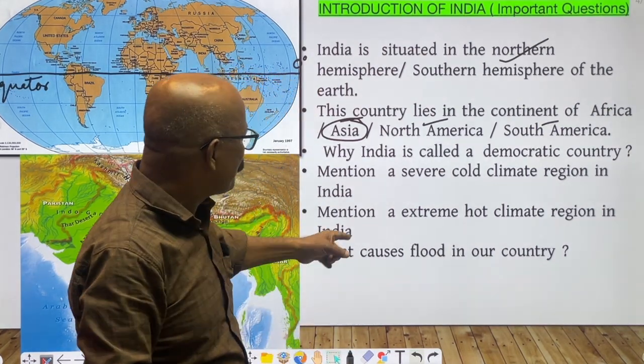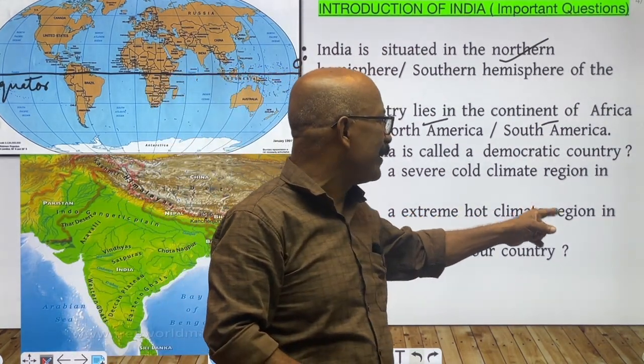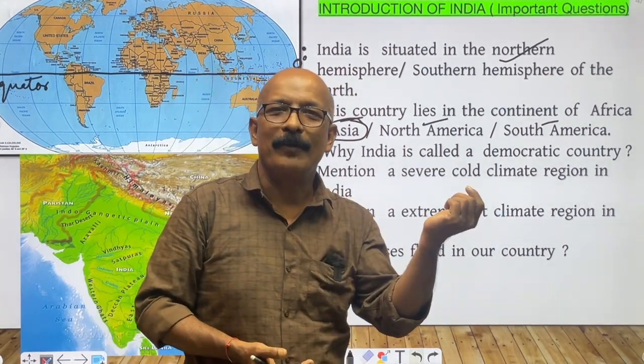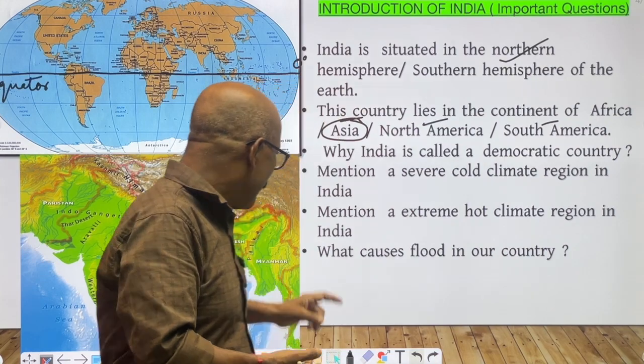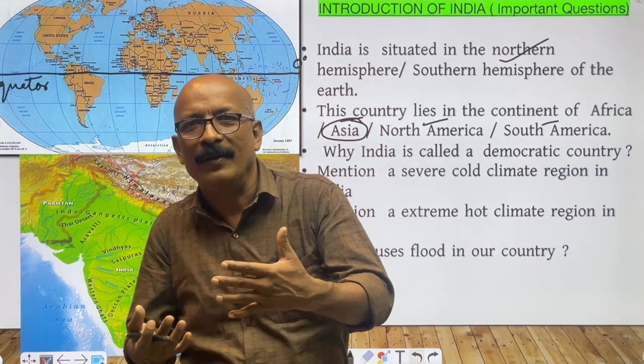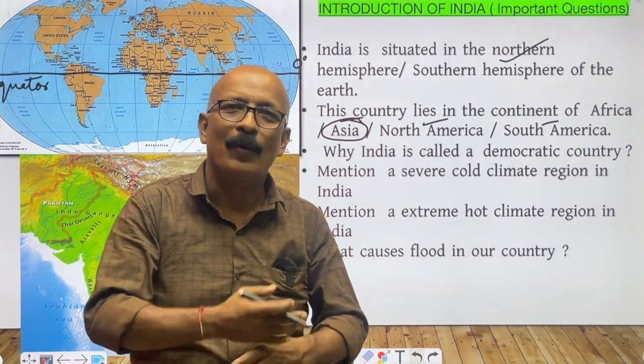Next, mention an extreme hot climate region in India. Then the answer will be Jammu and Kashmir. And next one, what causes floods in our country? We know that the monsoon wind is the only source from which we get rainfall. We get rainfall seasonally. Sometimes we get rainfall all through the year, more or less.